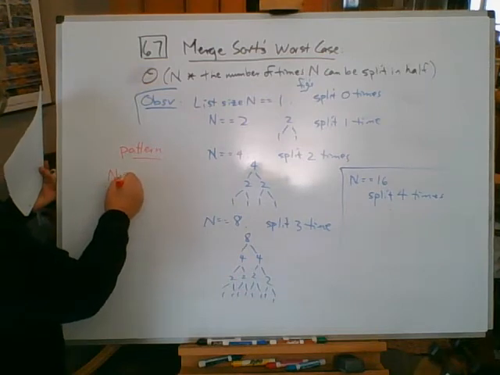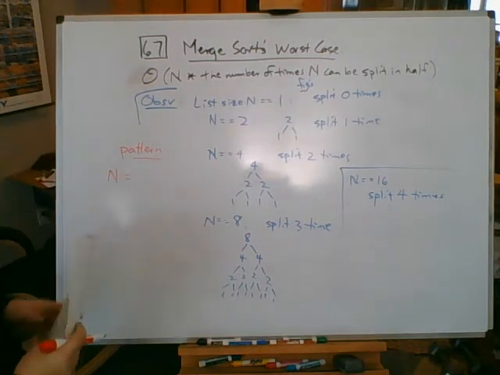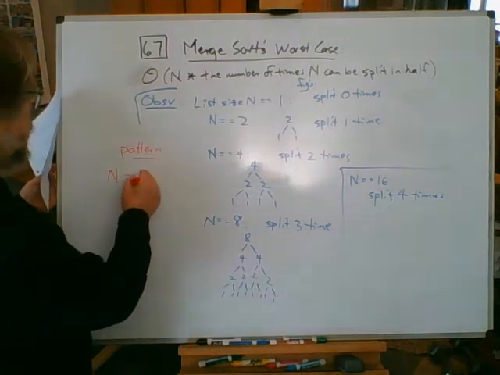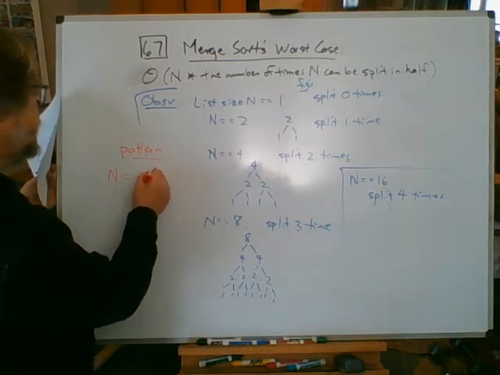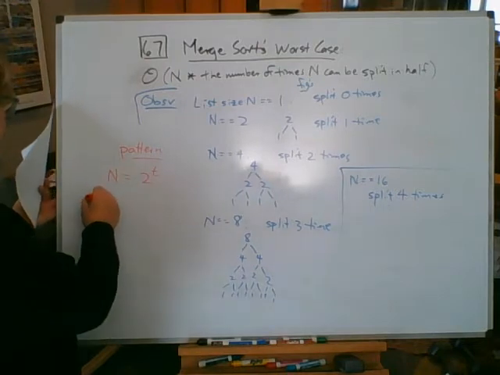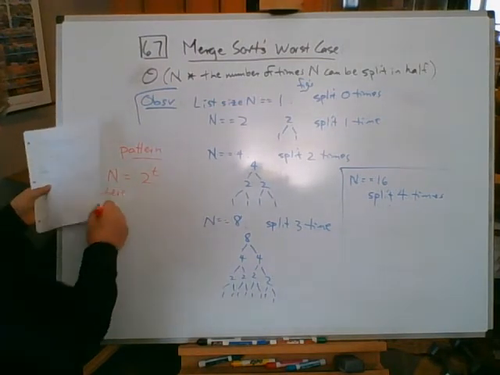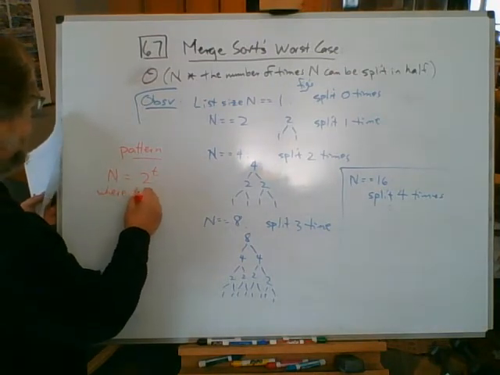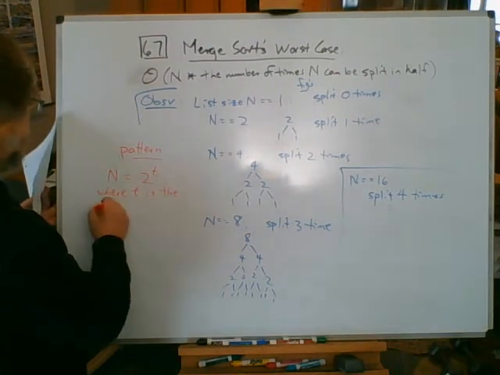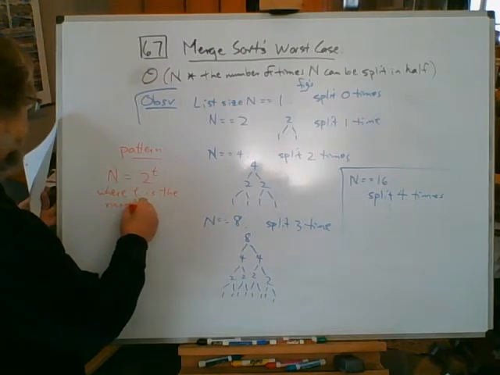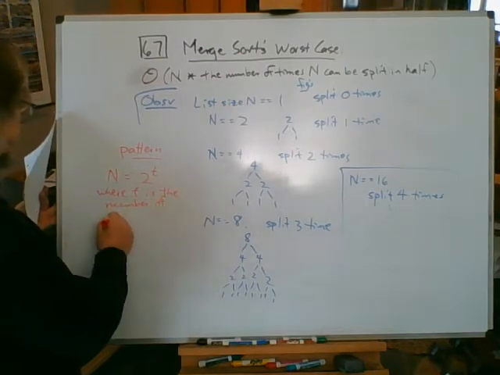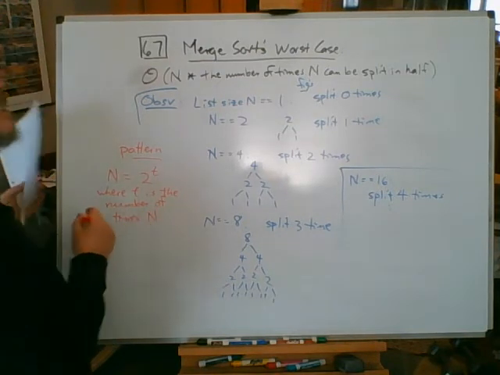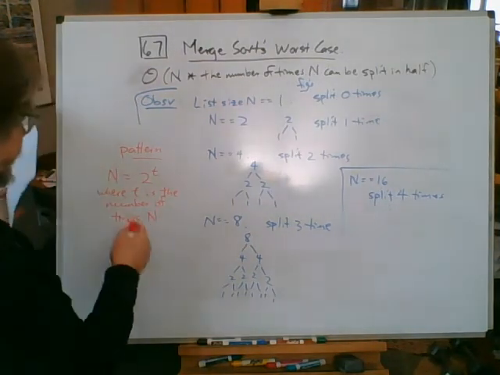Capital N is equal to, and this is an equation, 2 to the t, lowercase t, where t is the number of times N can be split. It's not necessarily us splitting it. It could be merge sort itself splitting it.